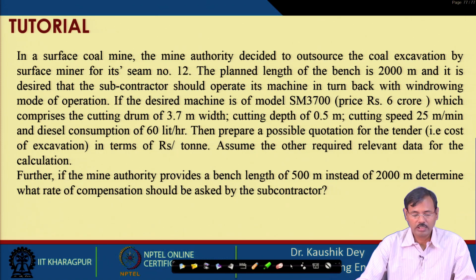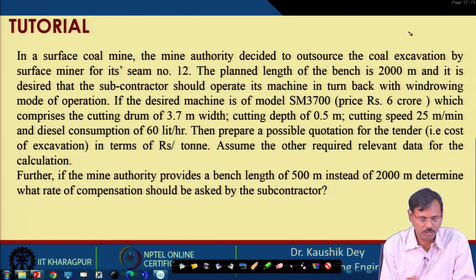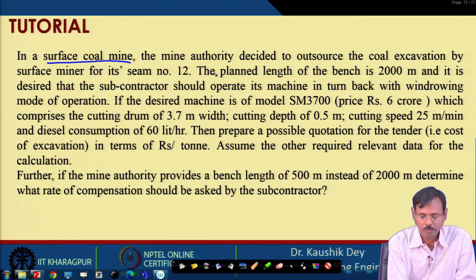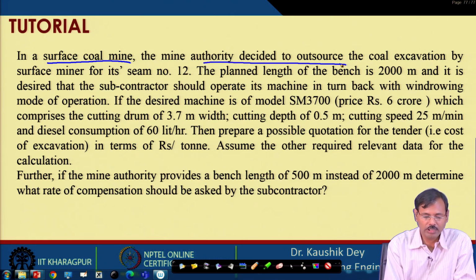So, let us directly start with a problem. In this problem, we are having a coal mine, a surface coal mine. The mine authority decided to outsource the coal excavation by surface miner for a particular seam.